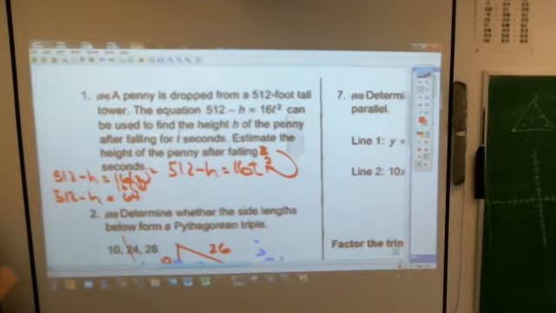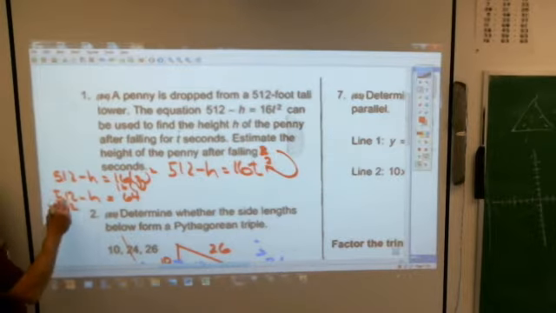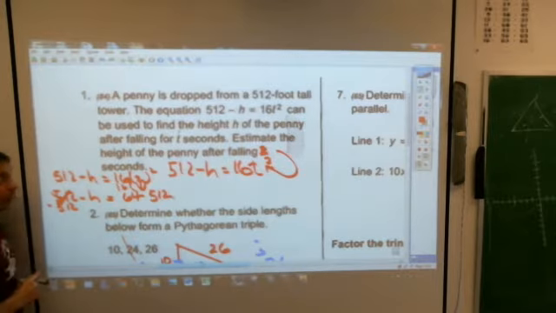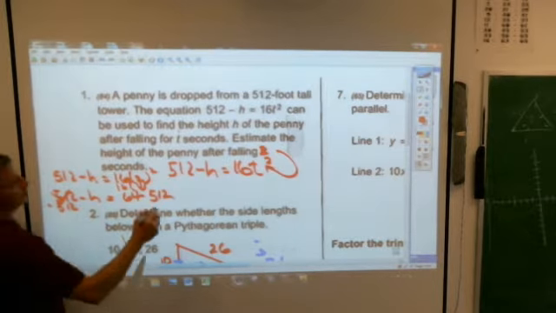Now we've got some issues. Solving for h, I'm going to subtract my 512. If I subtract 512 from 64, I'm going to get a negative something.